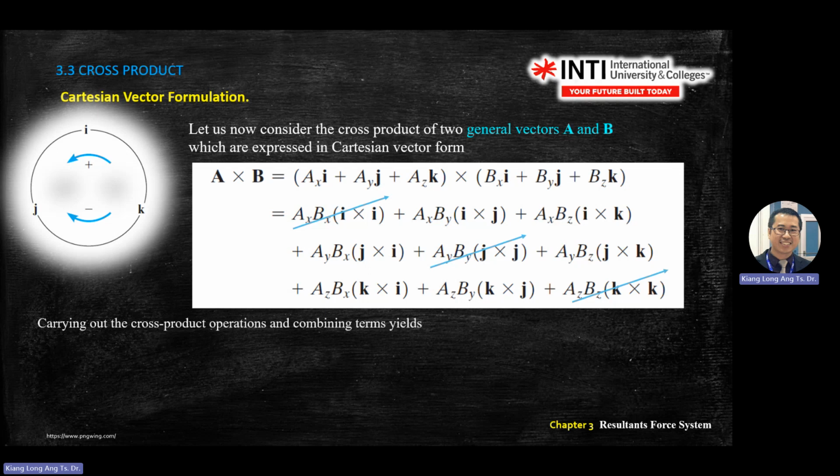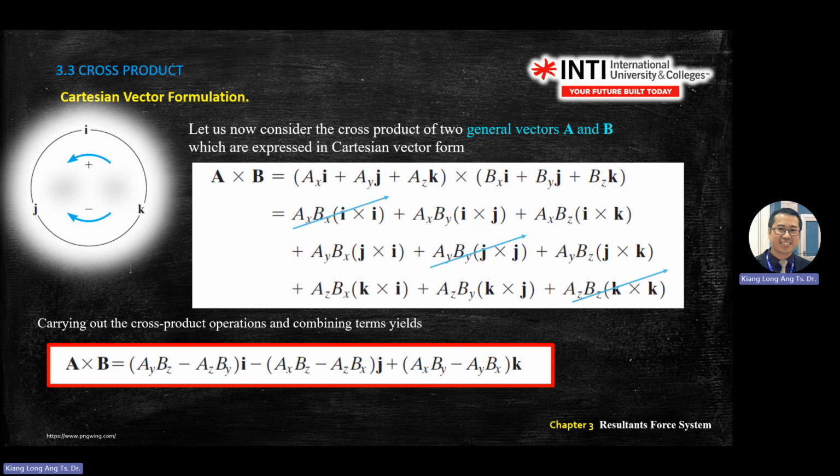For example, I J you get K, I K you get negative J, J I you get negative K, J K you get positive I. You get the product of this, then you rearrange in ijk, and you'll get this form.